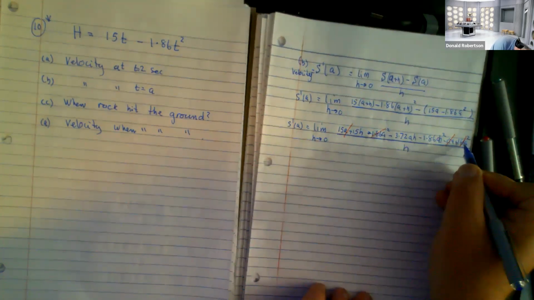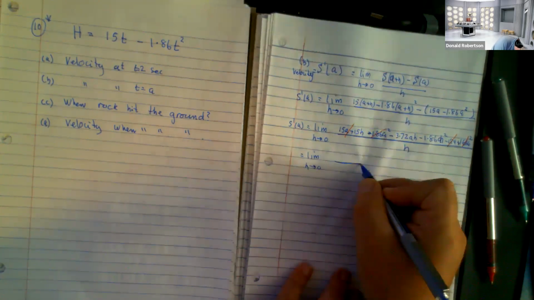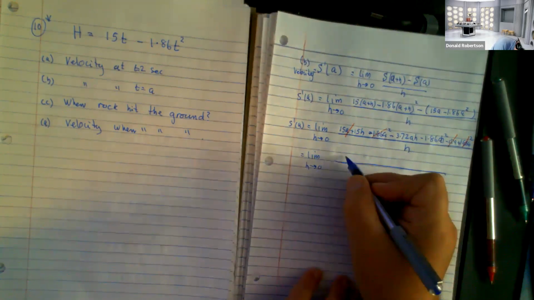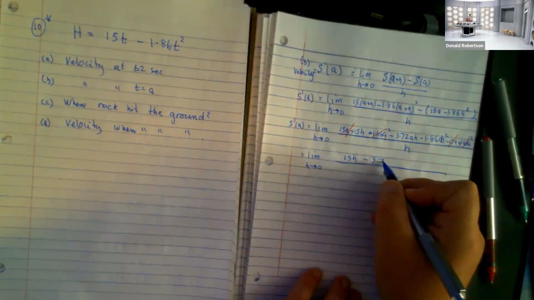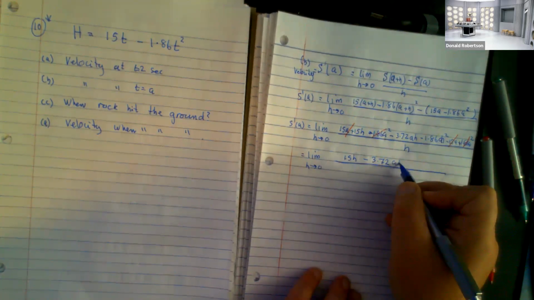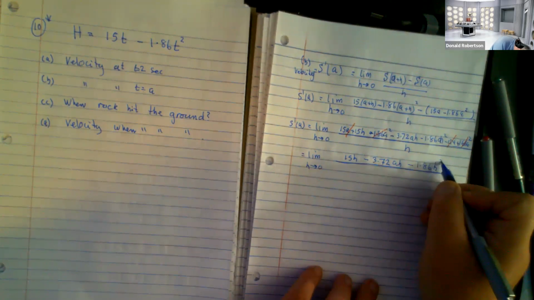So that gets killed off by that, this one gets killed off by that. And now I'm left with a 15H, a negative 3.72 AH, and a negative 1.86 H squared.